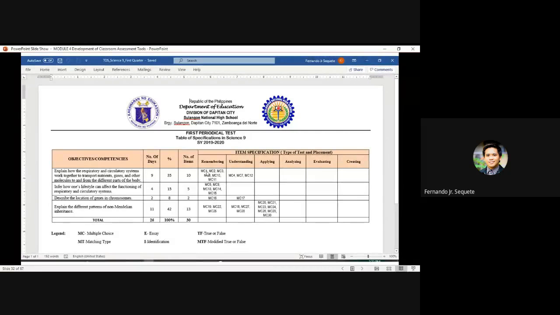For example, for this objective, remembering questions: item number 1, number 2, number 3, number 6, number 10, and number 11. And that is all multiple choice. So we will know where the remembering questions are, at what numbers, and at the same time, we know the type of question. Okay? And so on.